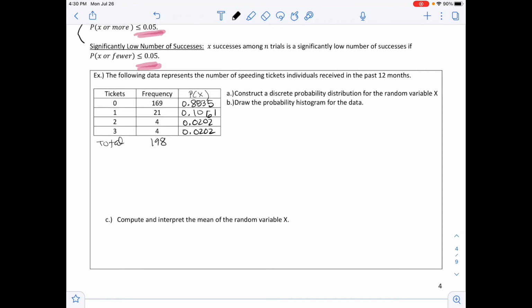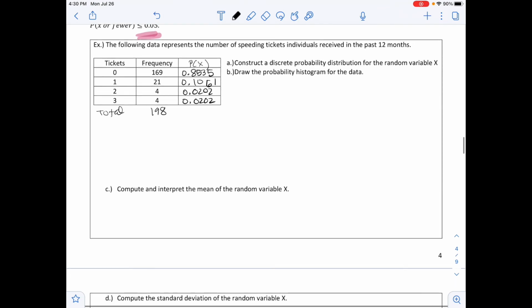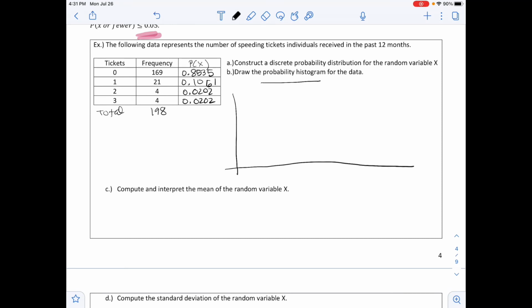Part B says to draw a probability histogram for the data. And so for this one, our random variables are only 0, 1, 2, or 3 speeding tickets. So 0, 1, 2, or 3. And this is number of tickets.